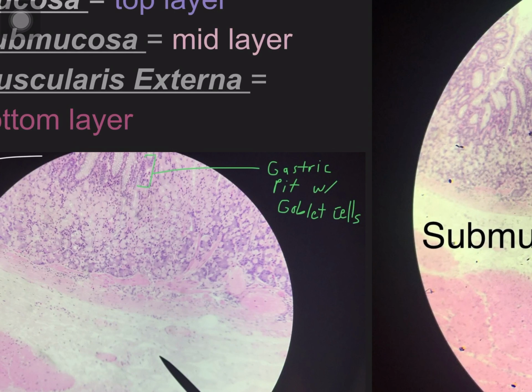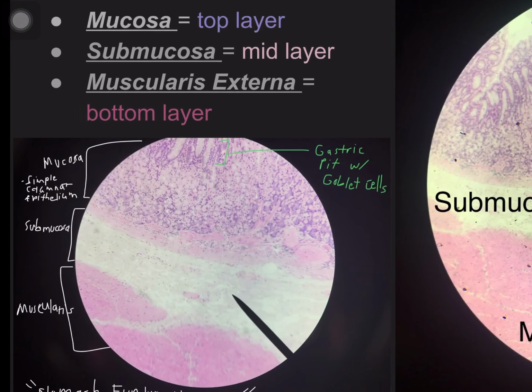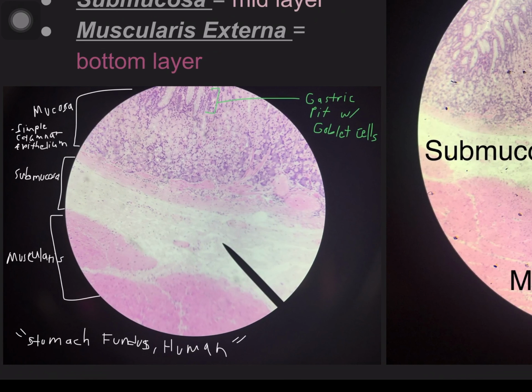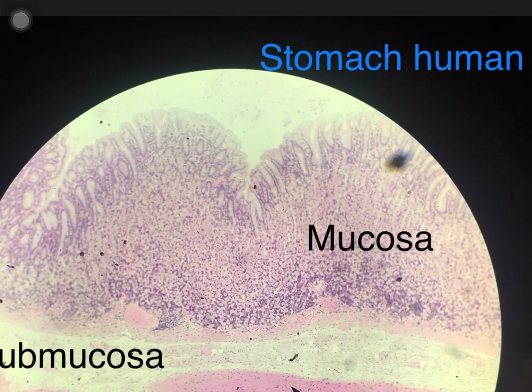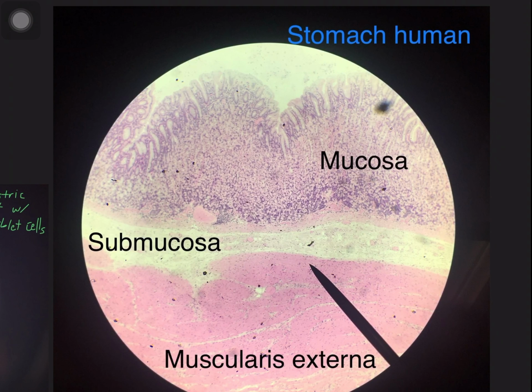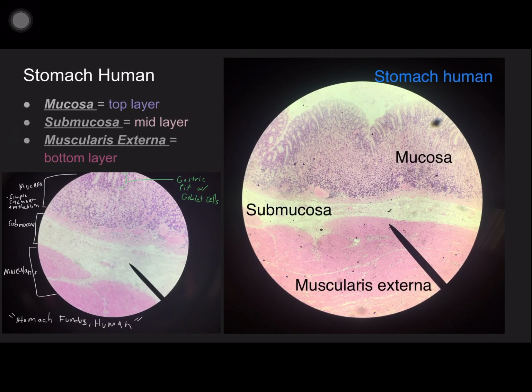There are some gastric pits that have goblet cells. This is the stomach fundus, or the outer layer of a human. So there's a submucosa and the muscularis right there. So there's the stomach of a human, better labeled: mucosa, submucosa, muscularis externa.